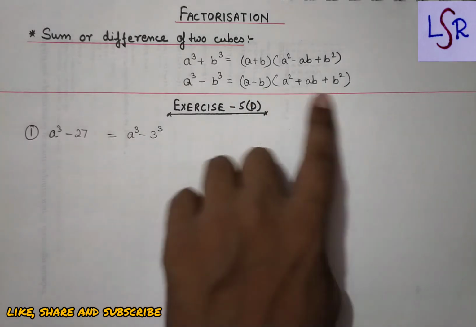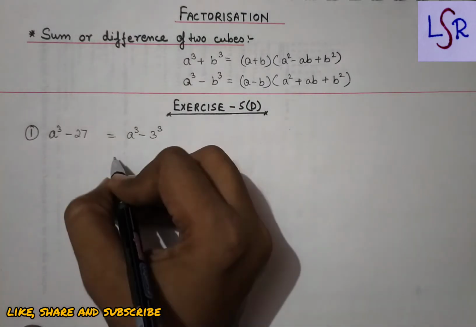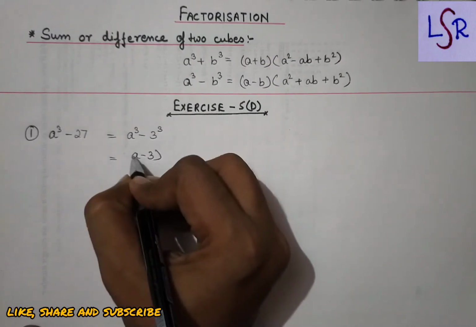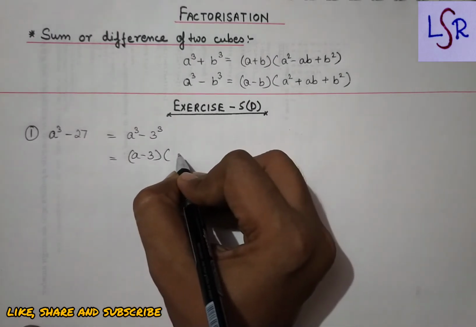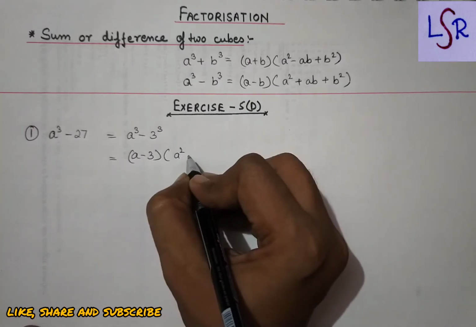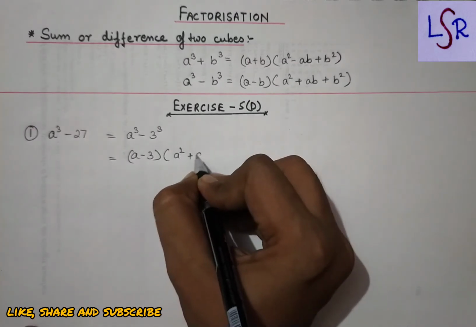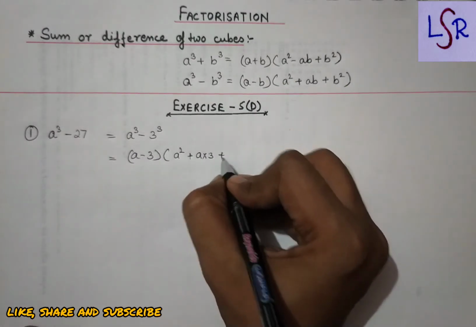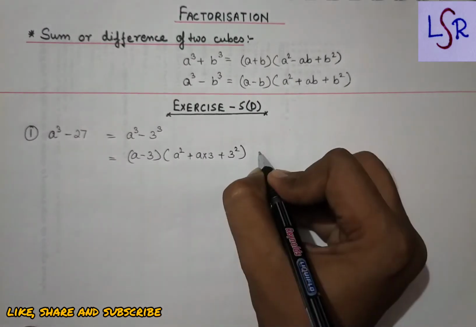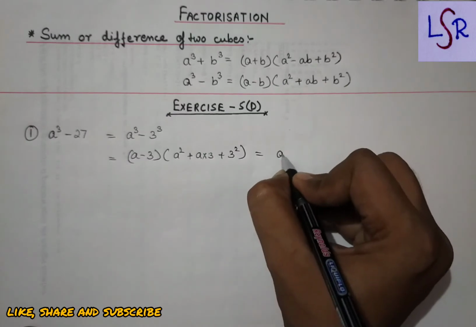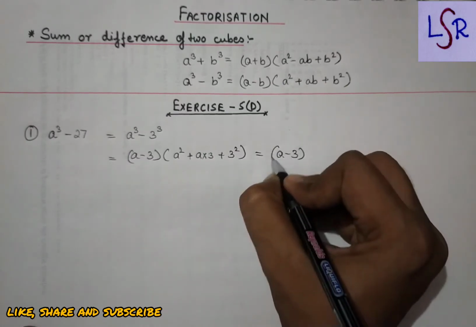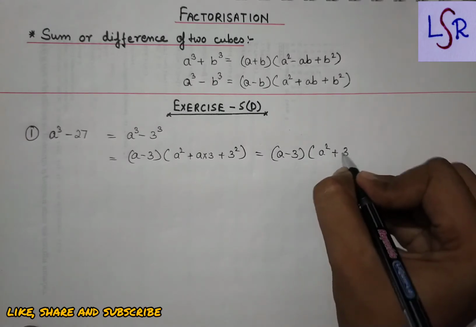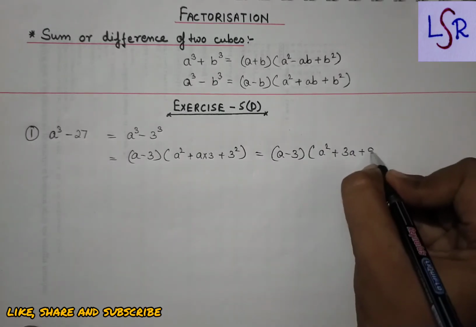So here this will be written as a minus 3, and then a square plus a into 3 plus 3 square, and that will be equal to a minus 3 into a square plus 3a plus 9.